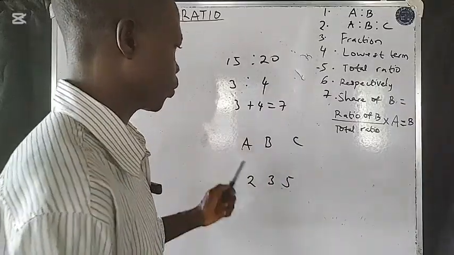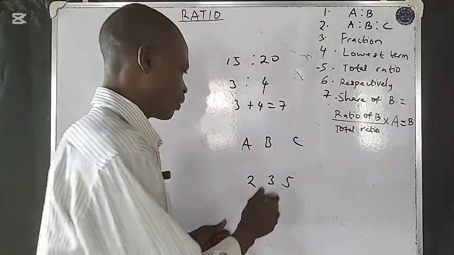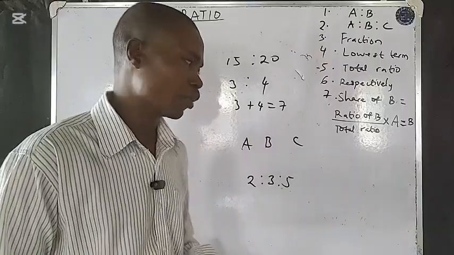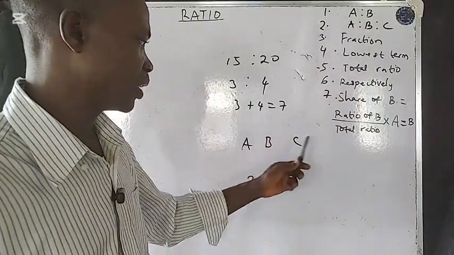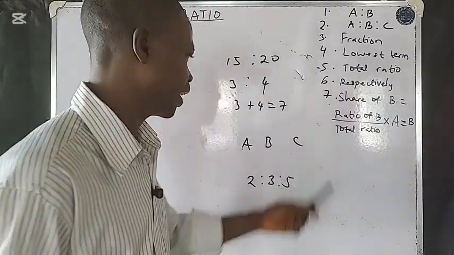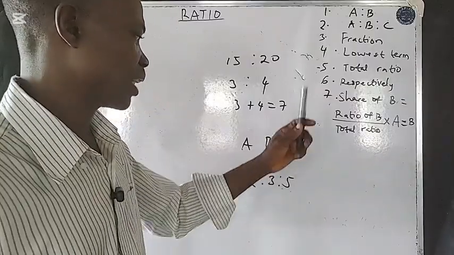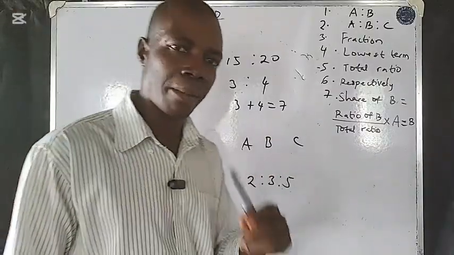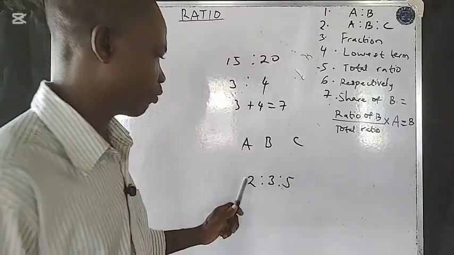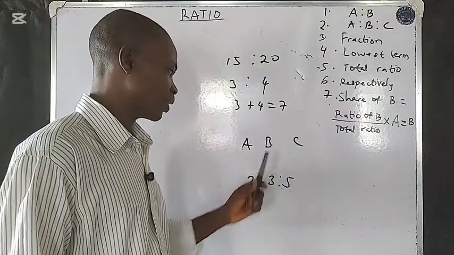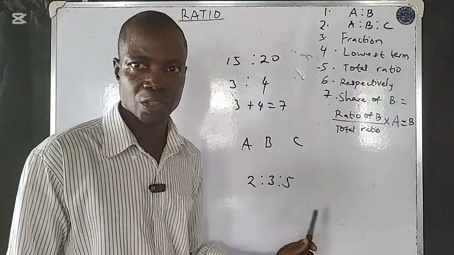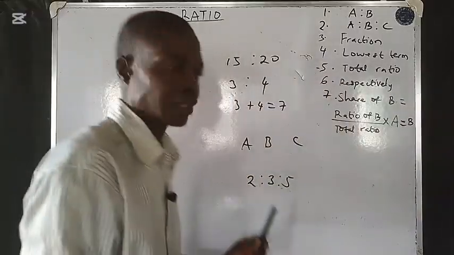If I mention 3 people, A, B, C, and they use this ratio to share a particular sum of money, and I say Mr. A, Mr. B, Mr. C have this ratio respectively, that means the first person goes for the first ratio, second person goes for the second ratio, third person goes for the third ratio. That is what respectively means.